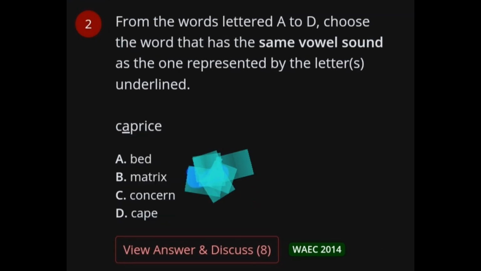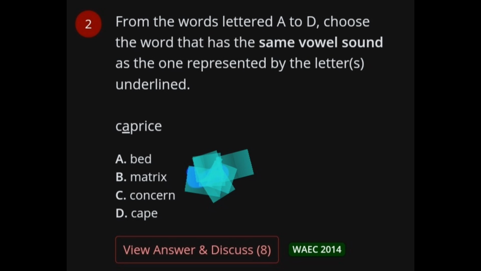Question 2. From the word caprice, a particular sound has been underlined. You are to choose the word that has the same vowel sound as the one represented by that letter underlined. So, caprice, we have option A, bed; B, matrix; C, concern; D, cape. The answer to that question is option B, which is matrix.